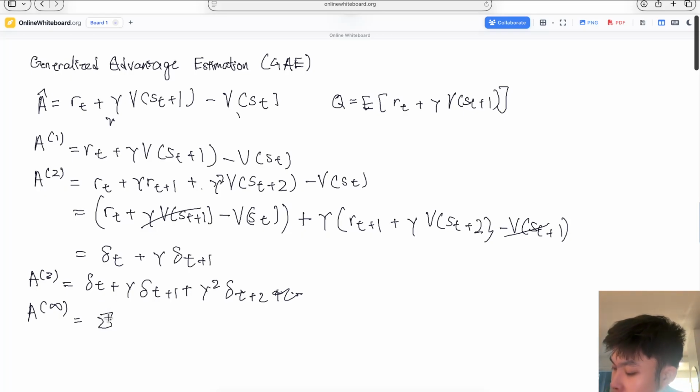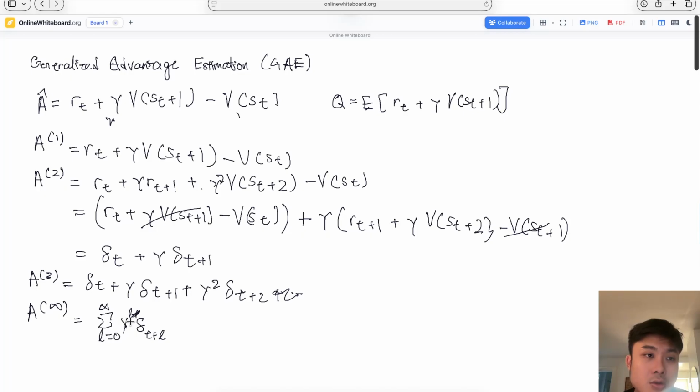So now we sum to infinity with l equals 0, and then it will just be the temporal difference, gamma to the l, at t plus l. So this is the advantage estimate, right?